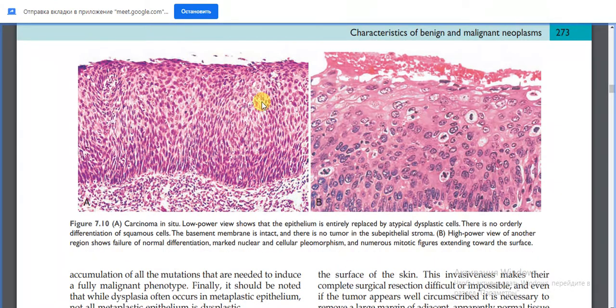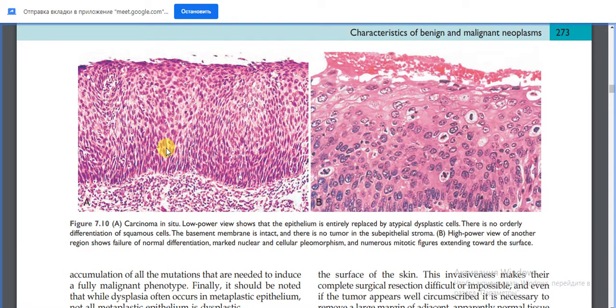So here you see carcinoma in situ. This is the typical appearance of squamous cell carcinoma in situ. You see it's abnormal stratified squamous epithelia. Normal stratified squamous epithelia possess an absolutely different appearance. The nuclei are much smaller, and between cells we have some gaps.